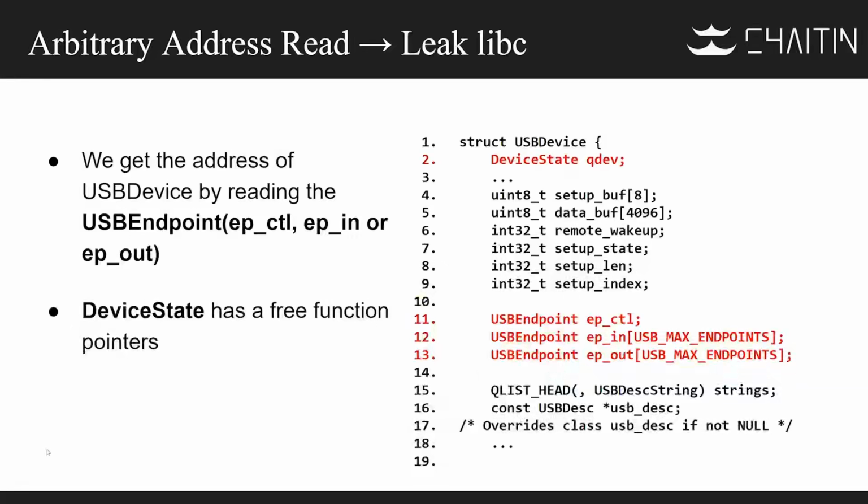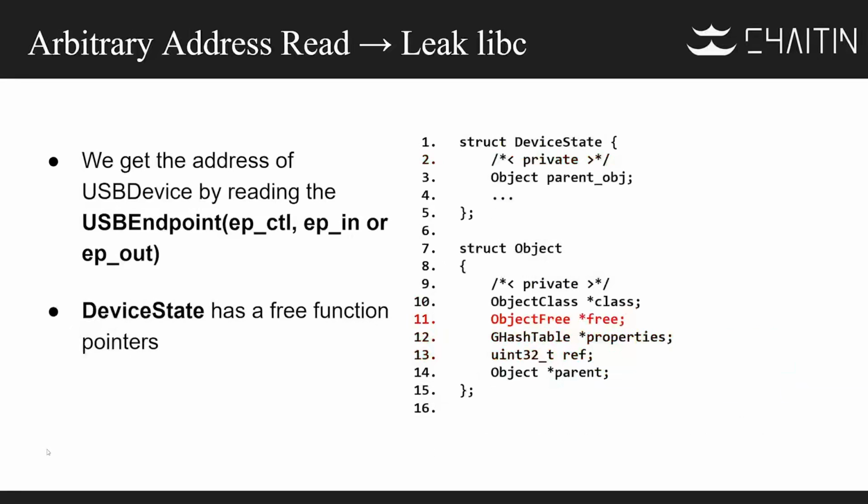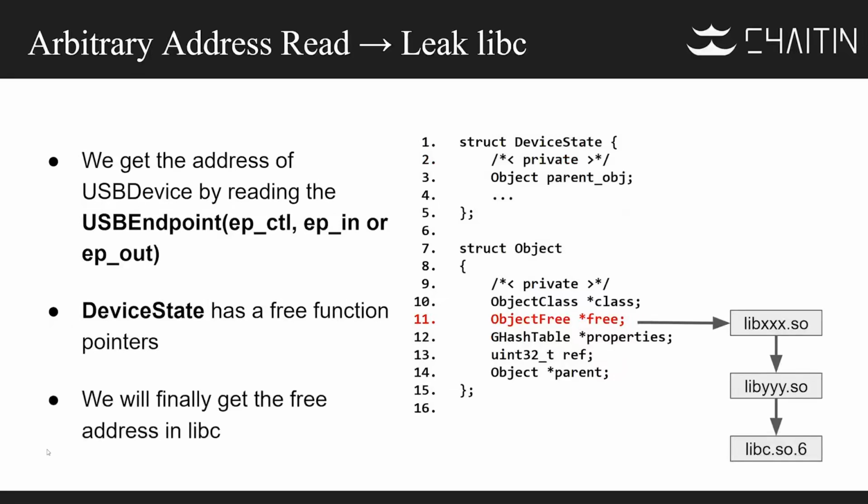But this free pointer does not point to the free function in the libc. It points to the PLT segment in a shared library. We parse the code in the PLT segment and read back the address stored in the GOT segment. Finally, we get the free function address in libc.